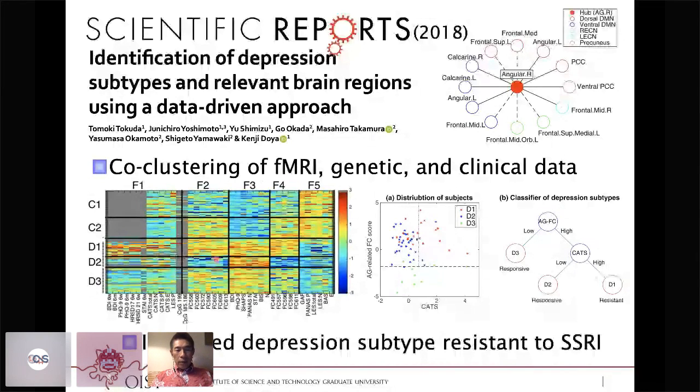Using this paradigm, we could separate the subjects first based on the functional connectivity of the resting-state MRI data around the angular cortex, and also their past history of childhood stress. So some of them can be predicted as drug resistant.